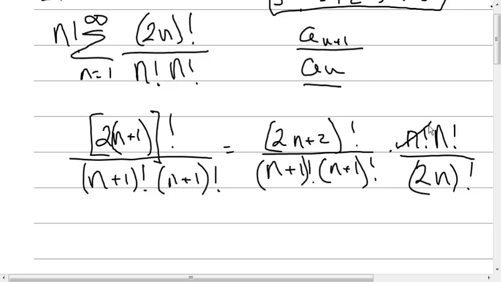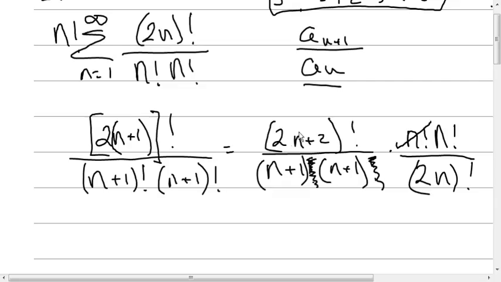So if I cancel this whole thing, it just eradicates that factorial sign. This eradicates this factorial sign. Now we just have n plus 1 times n plus 1 here. This 2n cancels not quite as completely here. This thing is going to have 2 extra terms, right? Because this is 2n plus 2.